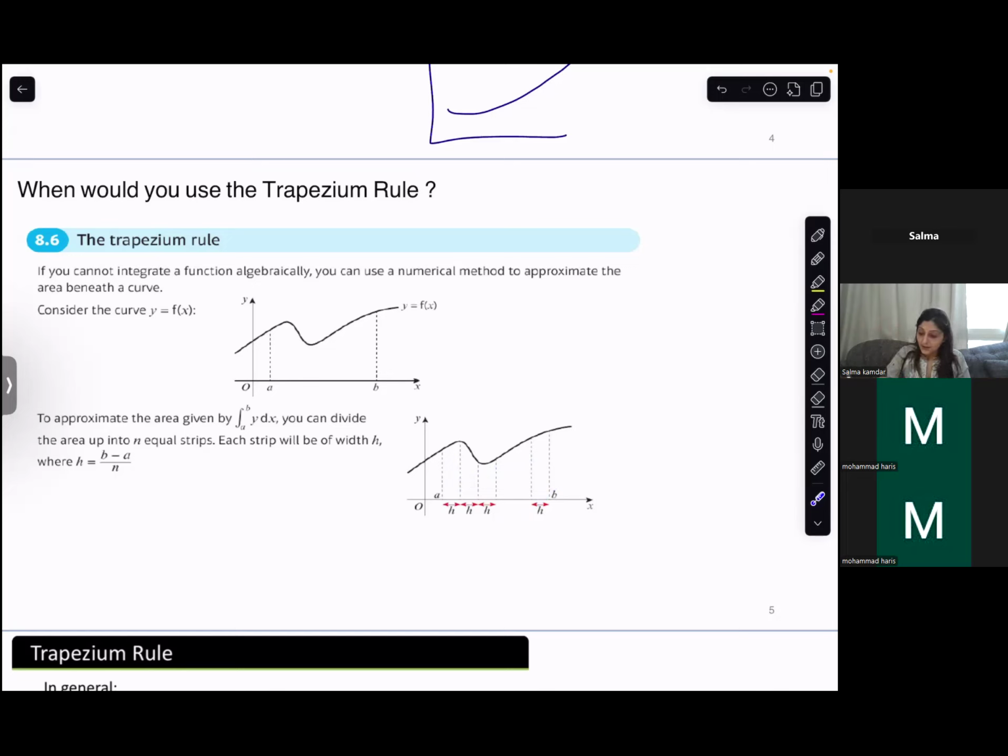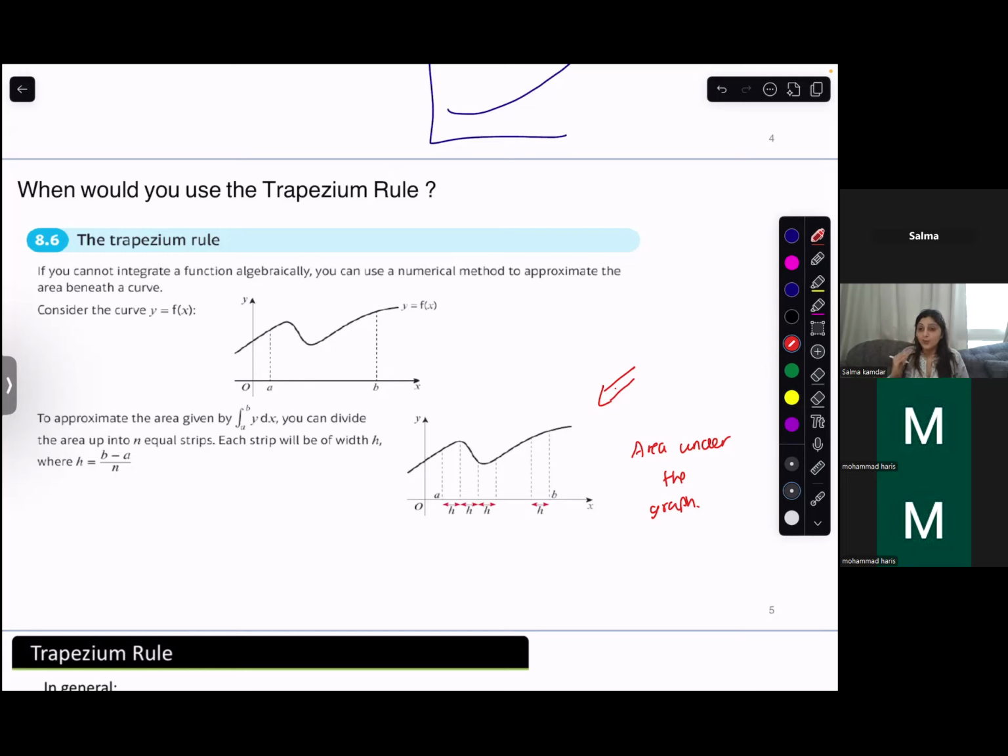Now, one thing you should know is what you are going to get when you use the trapezium rule. When you integrate, what do you get? We get the area under the graph, bounded by the x-axis, the upper bound and the lower bound, above the x-axis.